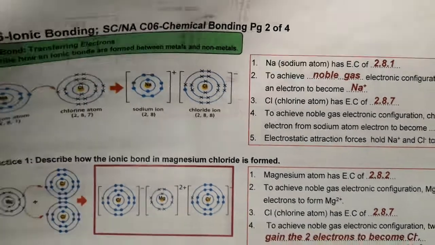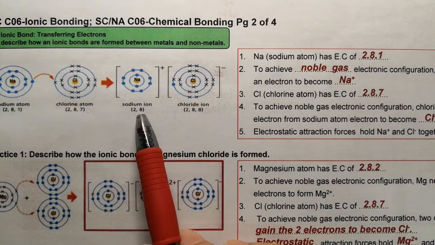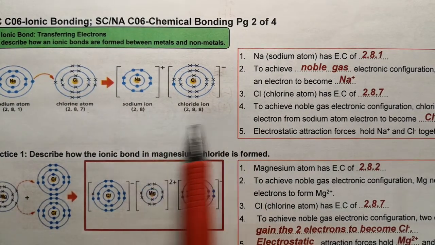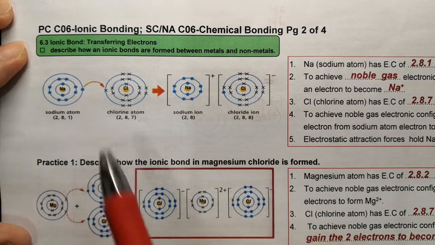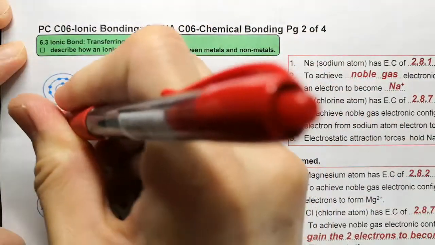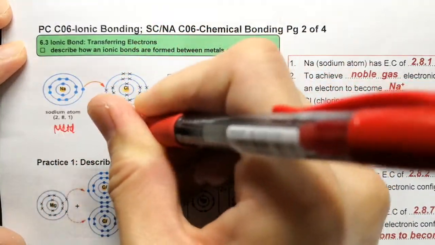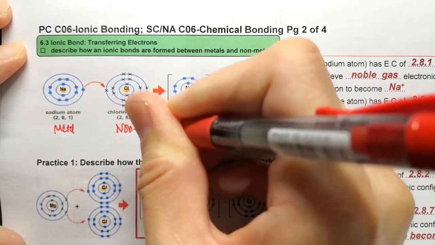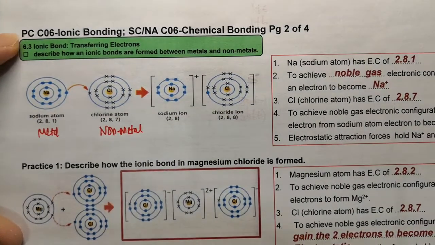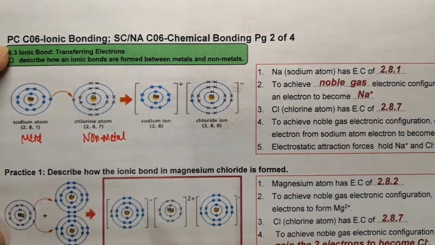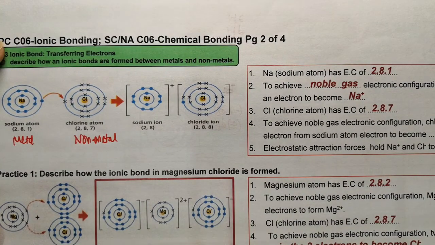So let's look at it. Now it's sodium. Sodium is a metal. Chlorine is a non-metal. So this one is a metal and this is a non-metal. Now, in order to describe how the ionic bonds are formed, you must start the description from the electronic configuration.